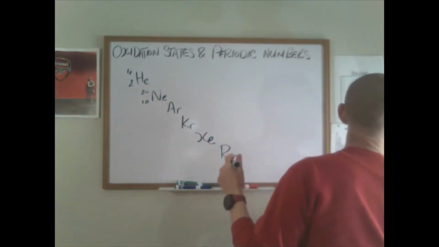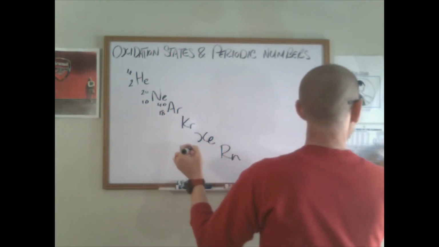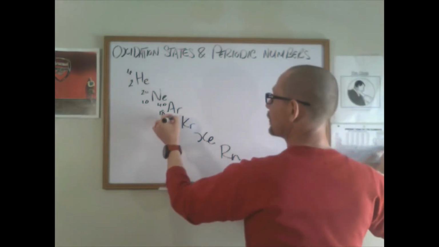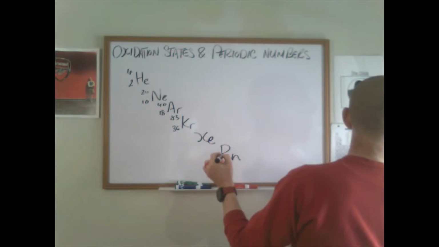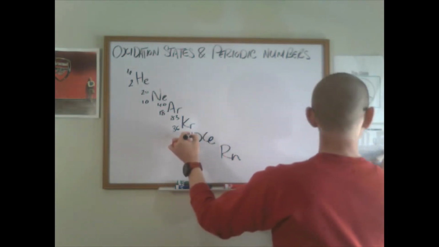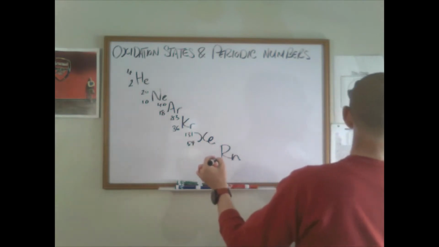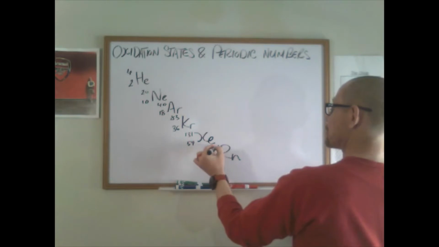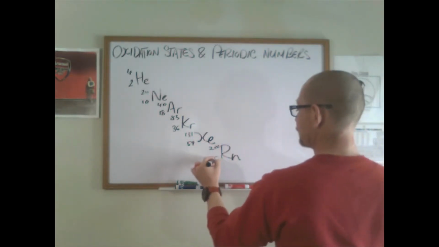I'm going to go 40 over 18 for argon, and then 83 over 36 for krypton, 131 over 54 for xenon, and then lastly radon, I'm going to go 222, its most stable radionuclide, over 86.